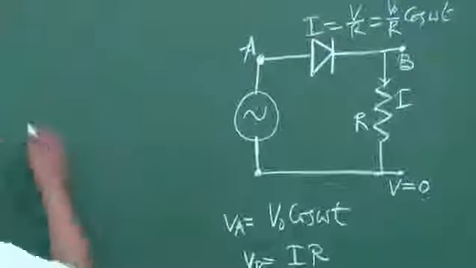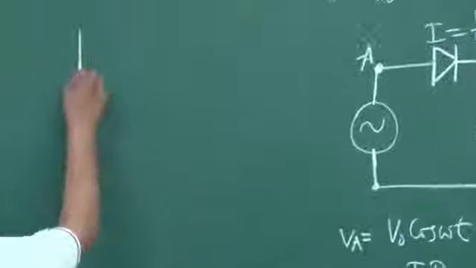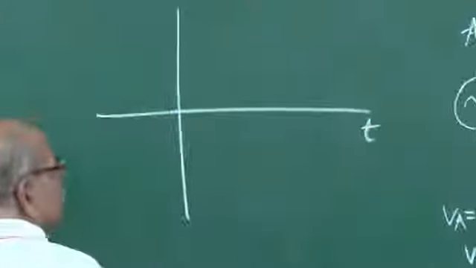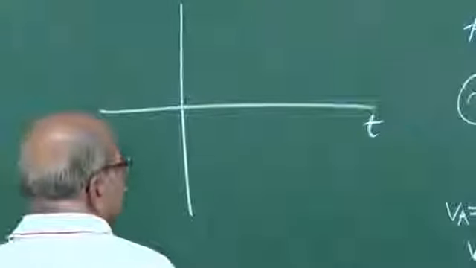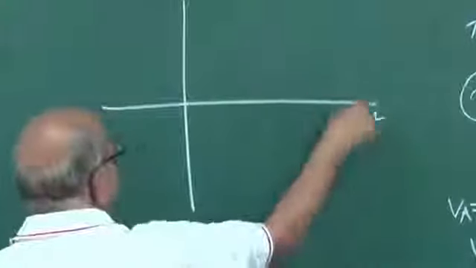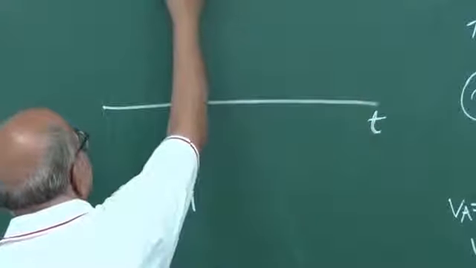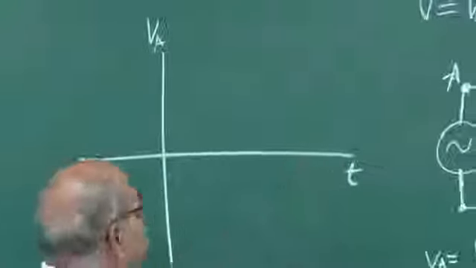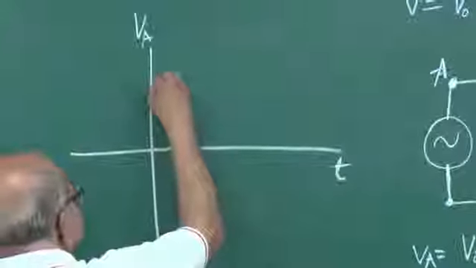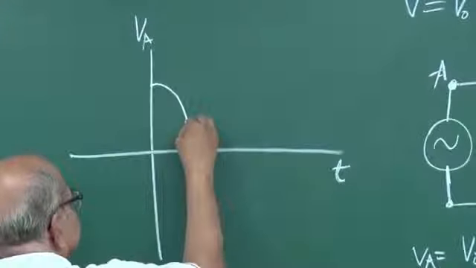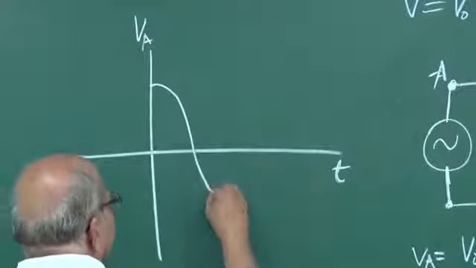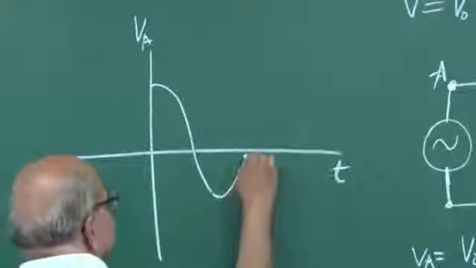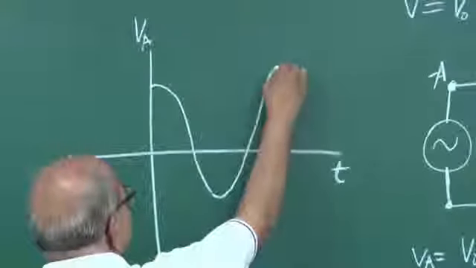So if I show this voltage on a graph, time on this side and VA on this side, it's just V naught cos omega t, so it is like this. I should go to the same height and all those things, which I will not be able to do.